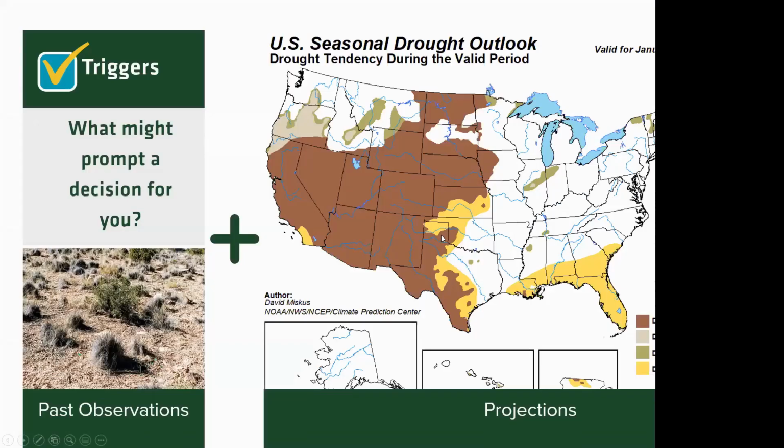So some things I'm watching this year as we go into 2021. Nobody needed to see this map again, right? But a couple things I'm looking at from a range management perspective. So past observations, this past year was really dry. We had a really dry fall. I'm based in Grand Junction, so it was very, very dry, historically dry, obviously.